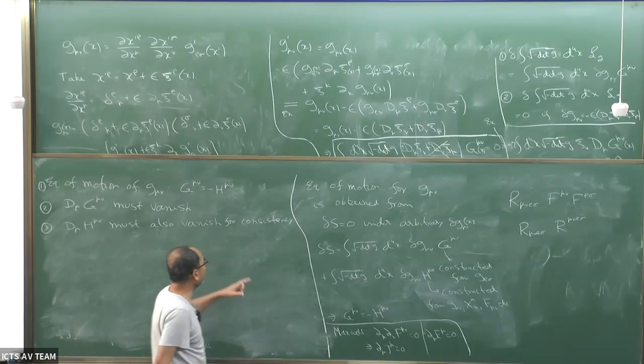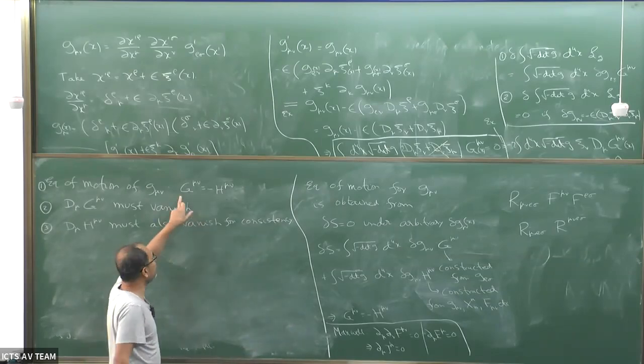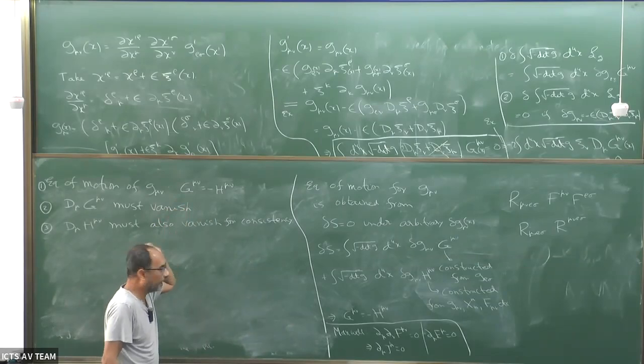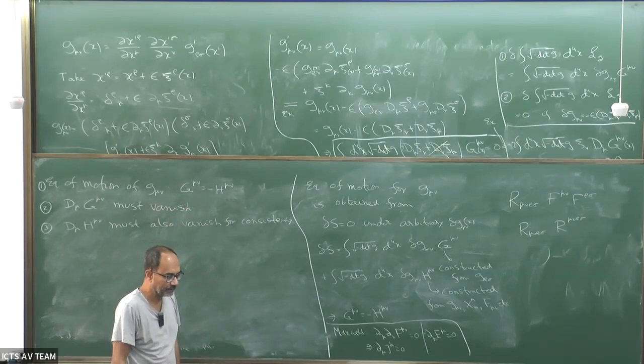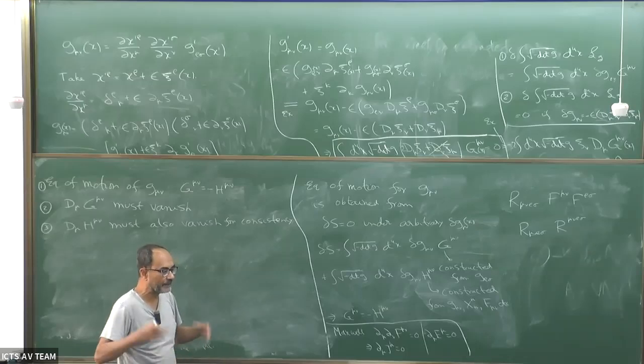Suppose ∂_μ G^μν is equal to 0, and ∂_μ h^μν is not equal to 0. Then there's a problem. Okay, so there is a problem if ∂_μ h^μν is not 0. H will have fields like F and X, and those might not be following the equations. Then we don't expect consistency.